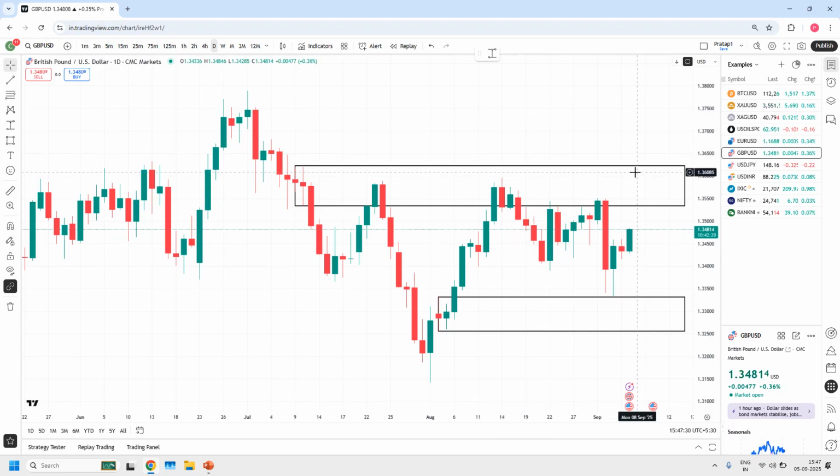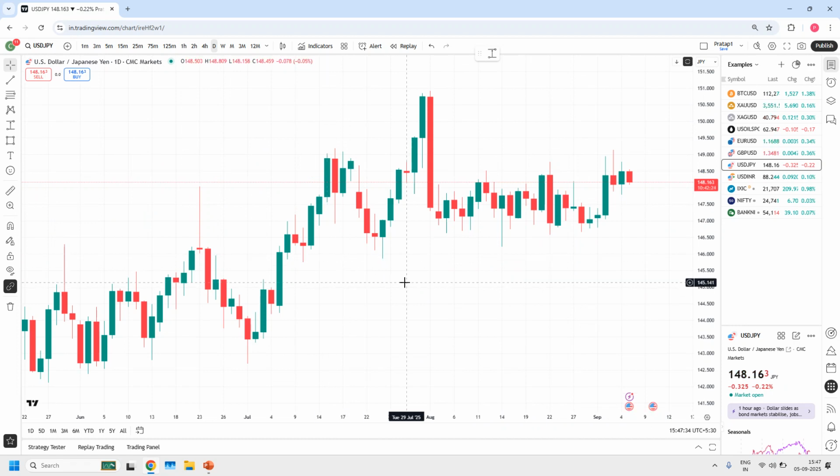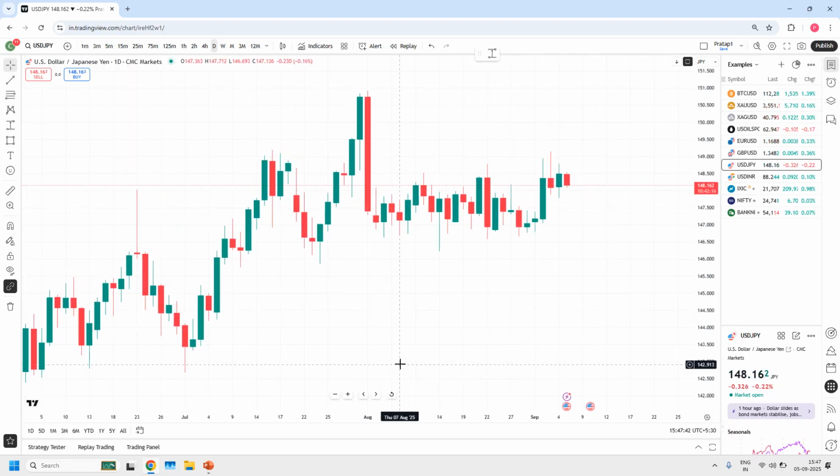Let us look into one more currency pair, that is US dollar and Japanese yen. Okay, look here. Here we have a large candle as a leg in. You have three base candles, and then you have again a large candle as a rally candle.